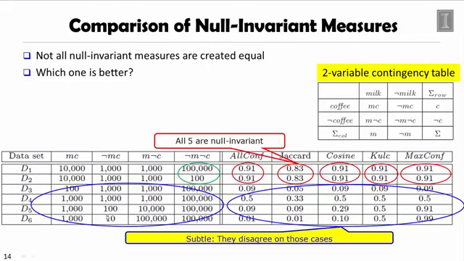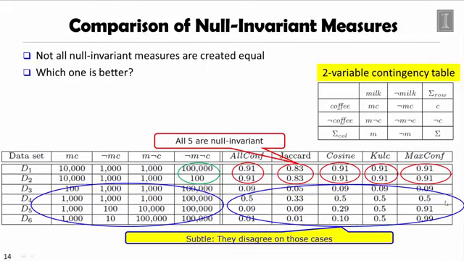Now we change this one even more. This is 1,000 to 10 or 1,000 to 100,000. The coffee guy said they are very, very likely getting together. But the milk guy said they are very unlikely getting together. Now in this case, you can see all confidence and Jaccard drop down to 0.01. And even cosine dropped down to 0.1.